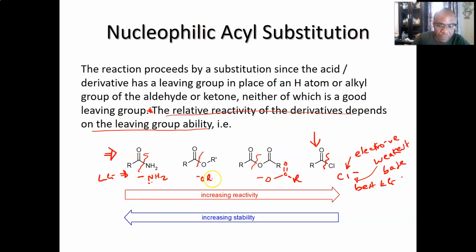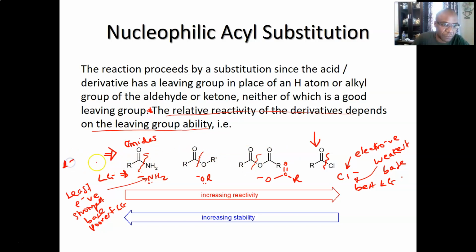Nitrogen and oxygen, both of them have a negative charge for these two, but nitrogen is the least electronegative of the set, which means it's the strongest base. This leaving group here, NH2 minus, is the strongest base. If it's the strongest base, then it's the poorest leaving group. So amides are the least reactive of the carboxylic acid derivatives.